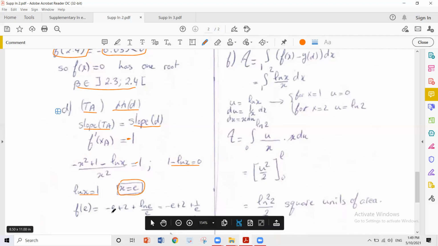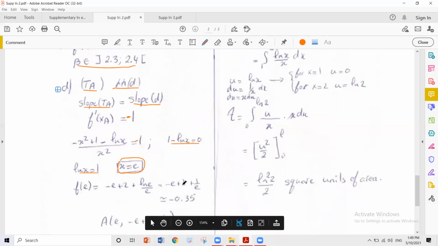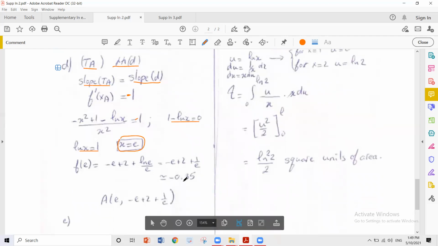We calculate f of e equals minus e plus 2 plus ln e over e. Replacing in the function gives minus e plus 2 plus 1 over e, which comes out minus 0.35. So this is the point A.